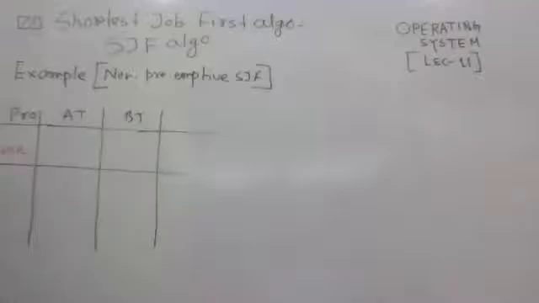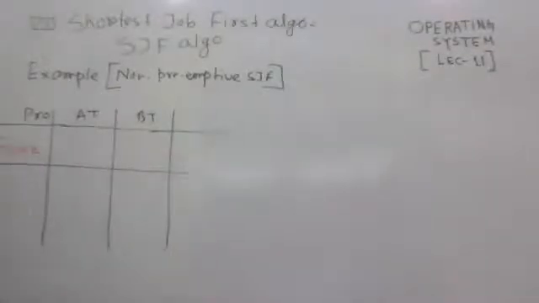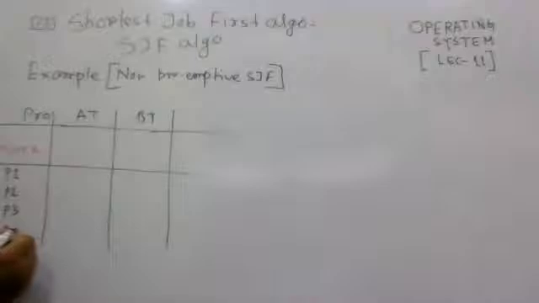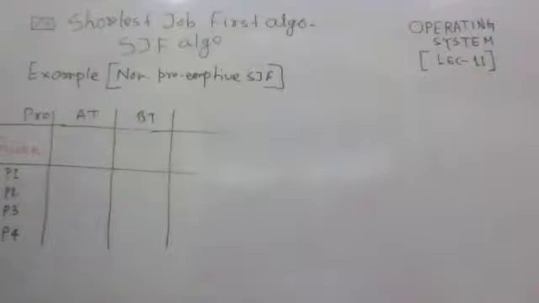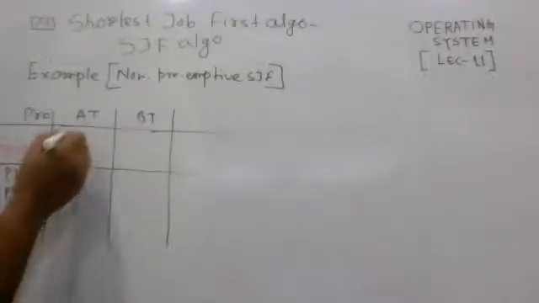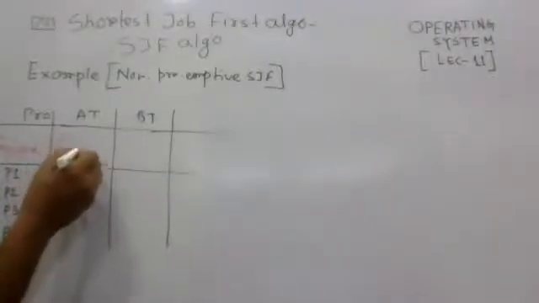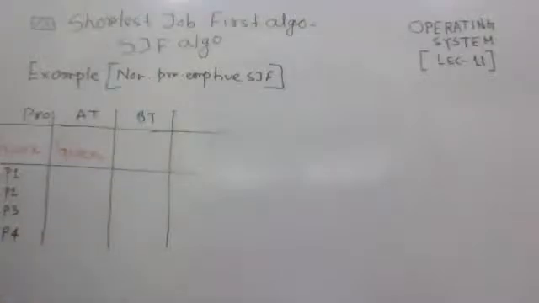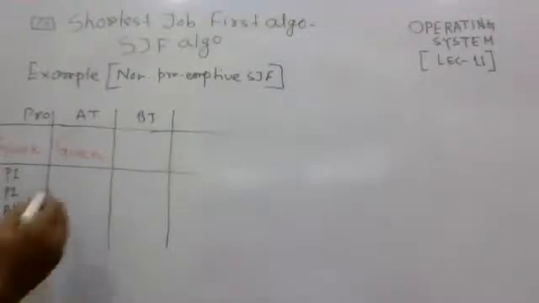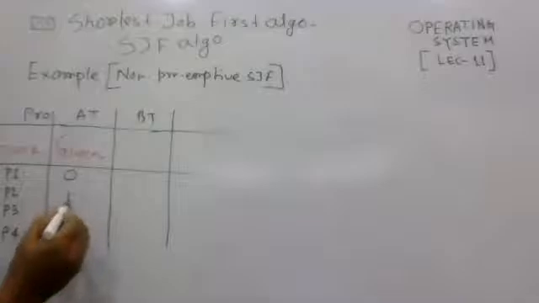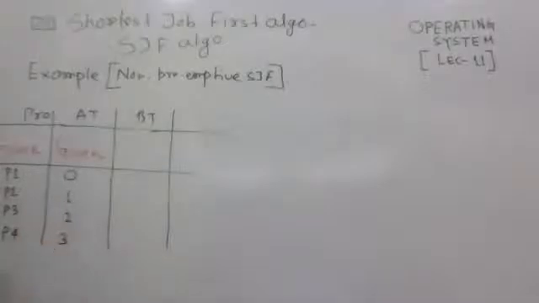Suppose these are P1, P2, P3, P4. There are 4 processes, P1 to P4. The arrival times are also given, suppose 0, 1, 2, 3.